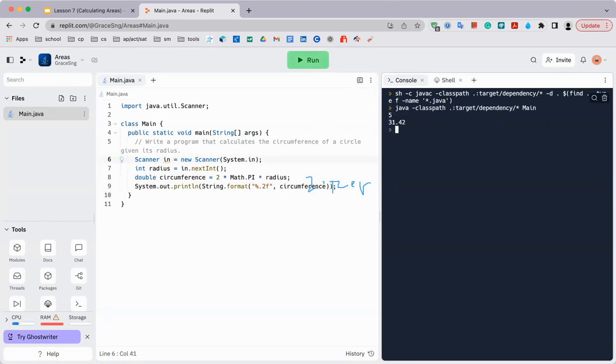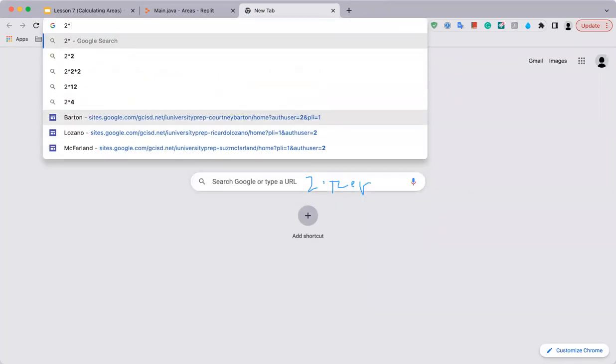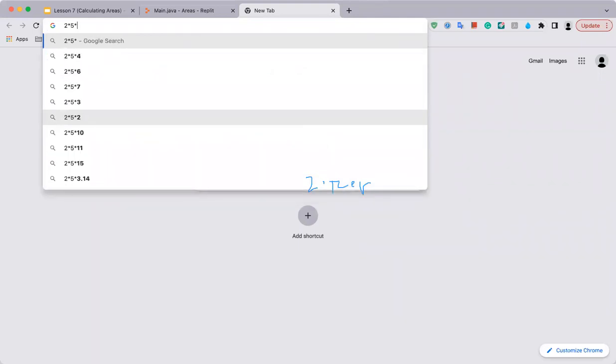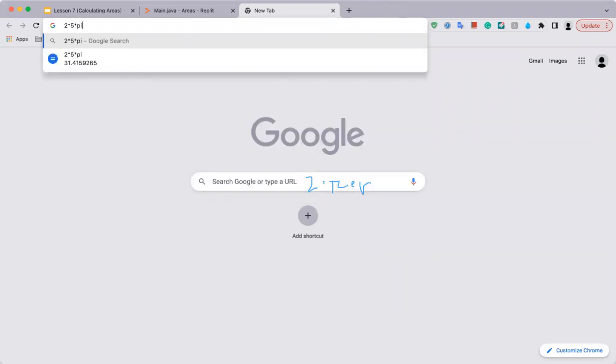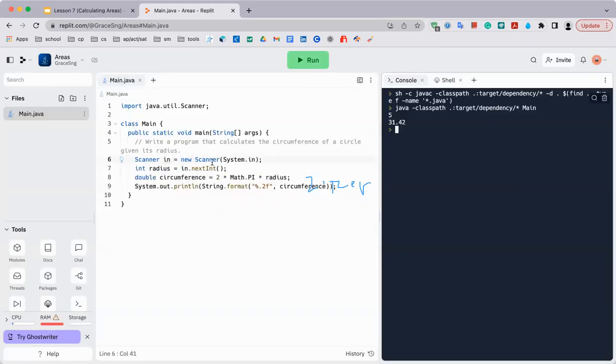Yeah, so now the circumference I get is 31.42. And so I can quickly check that. 2 times 5 times pi is 31.4159, and so on. You round that, you get 31.42. Okay, nice.